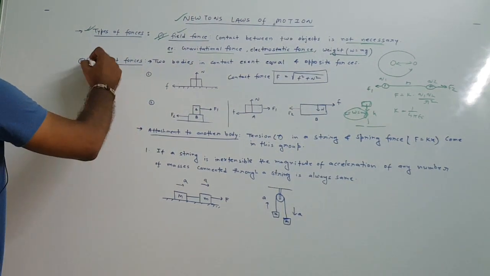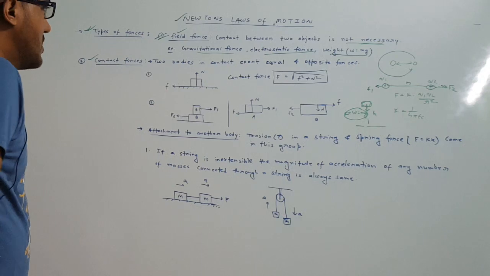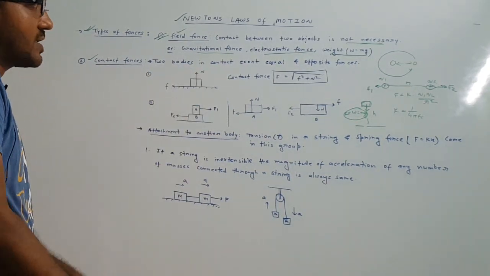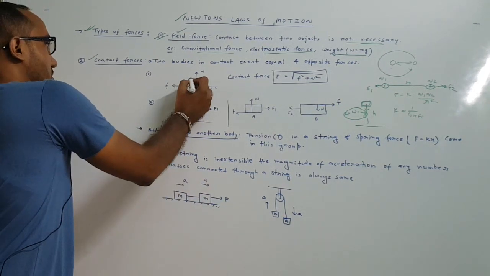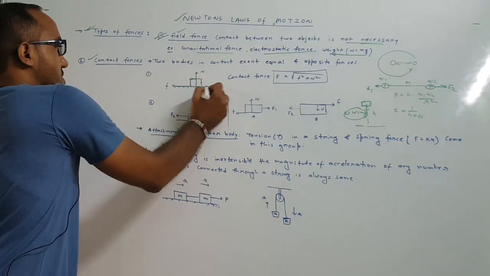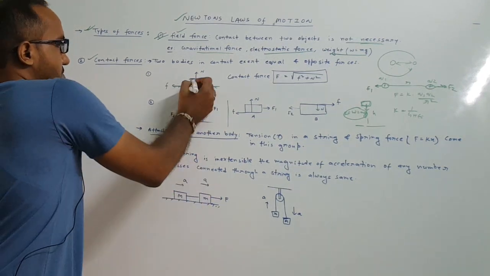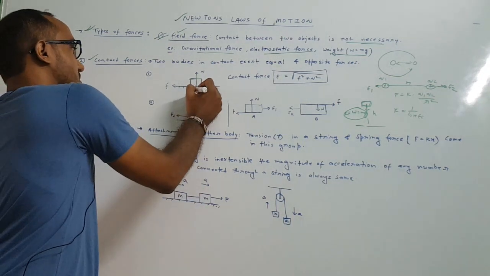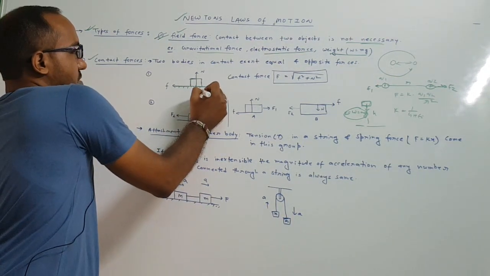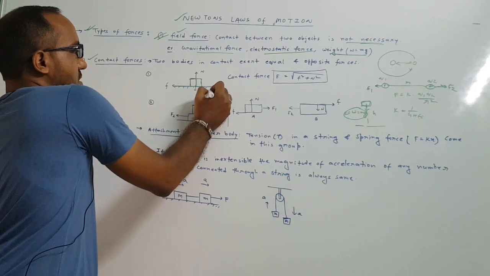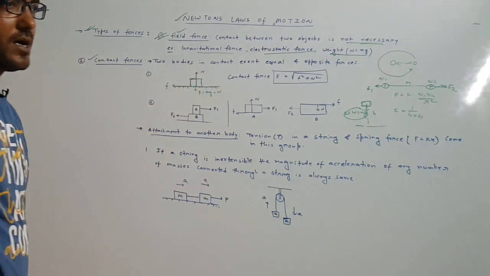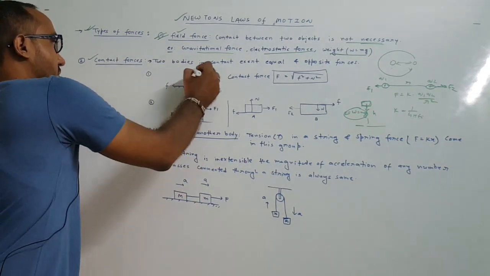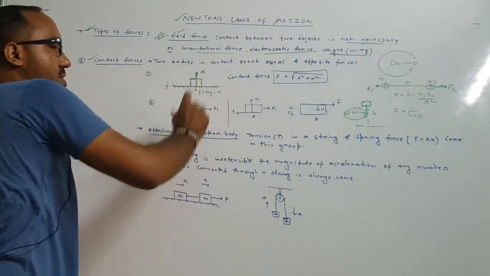Another type of force is contact force. It is basically the attachment of two bodies, or contact between two bodies. Let us say we have an object placed on the ground, and we know from Newton's law of motion that if this object gives the force W equals mg towards the Earth, the Earth will give an equal force to the object, and that force is known as the normal reaction force.